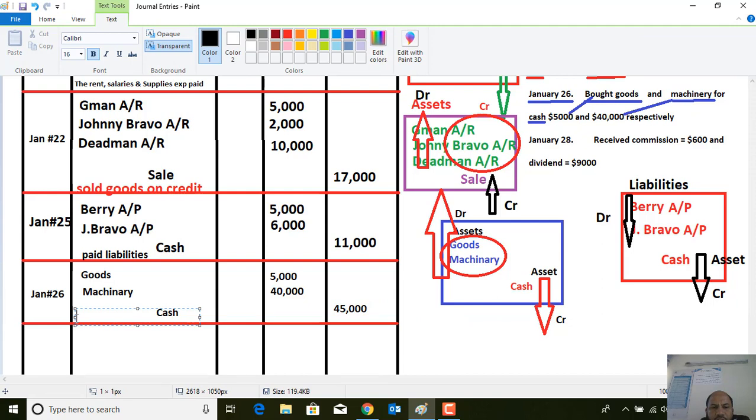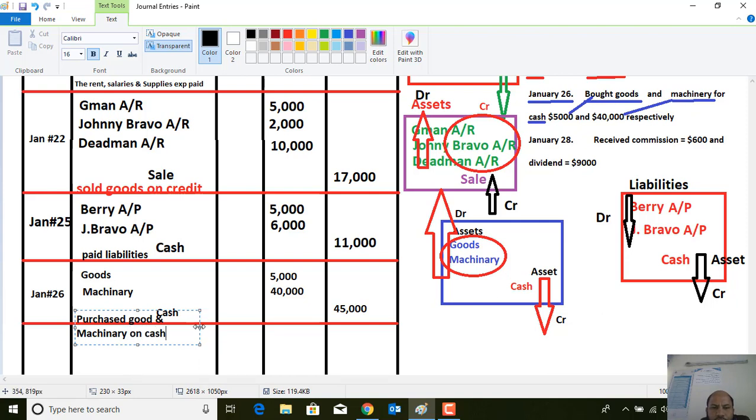So we will write down a small description for it. For example, we may say purchased goods and machinery on cash.